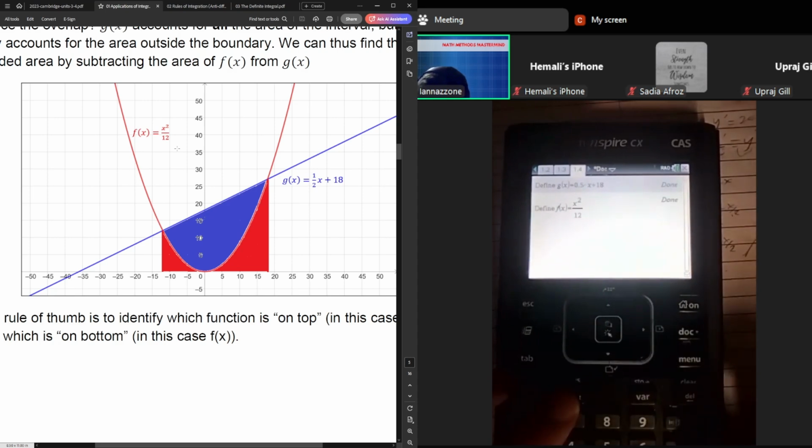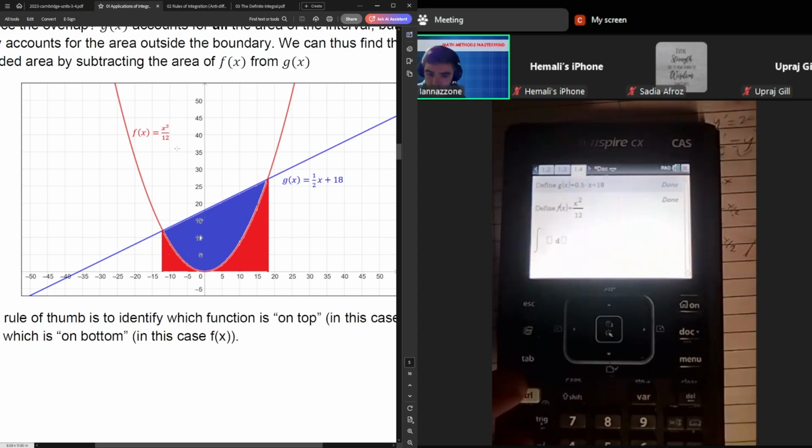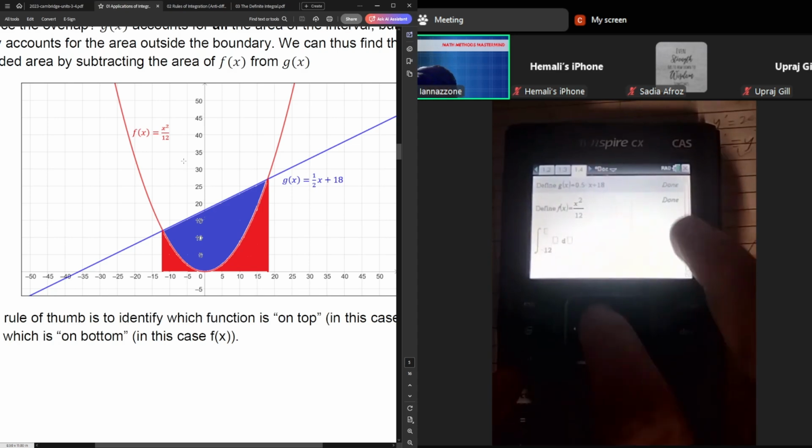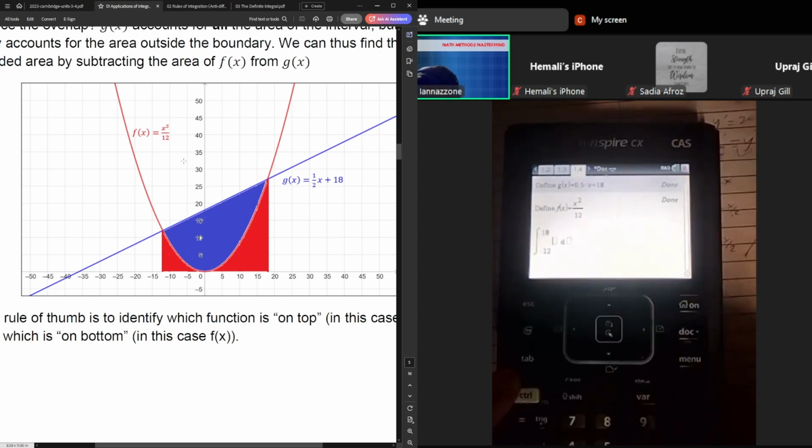And then once again, you bring up that integral operator, either by shift plus or by the menuing. We wanted it from -12 to 18. And then you would do g of x minus f of x.